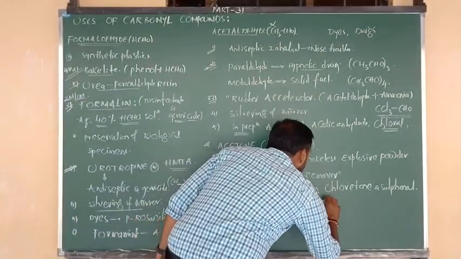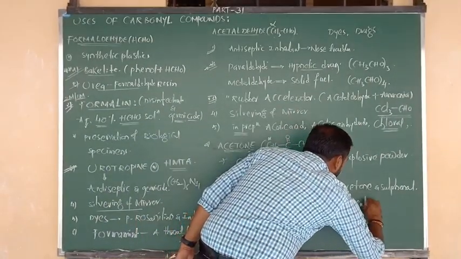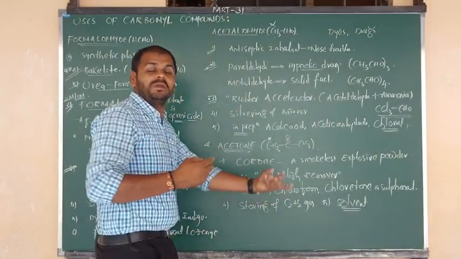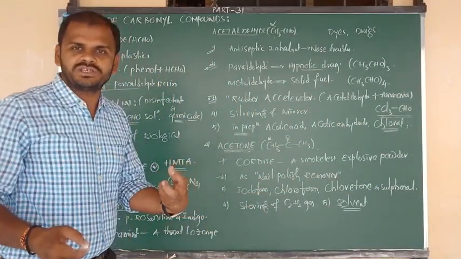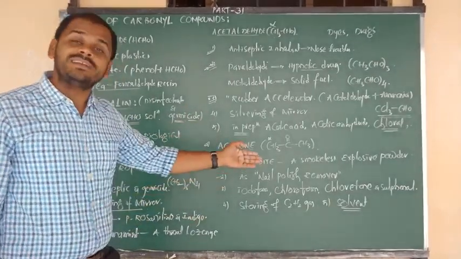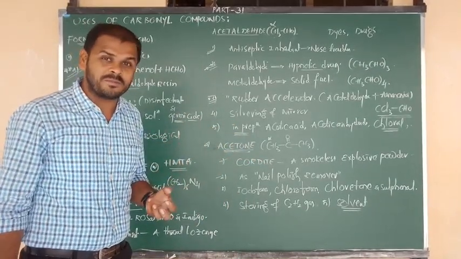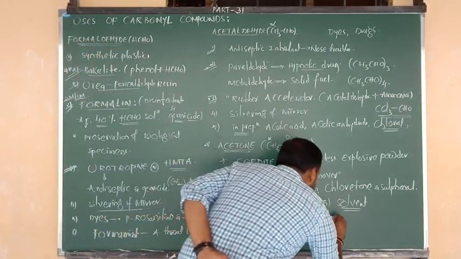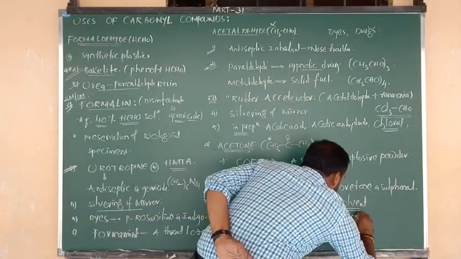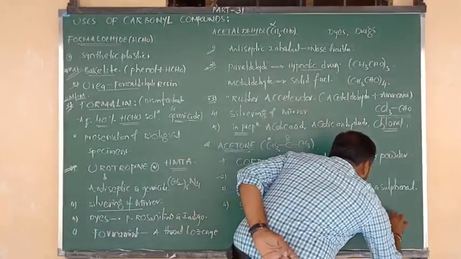Next point, I am going to tell that acetone can be used as a solvent in most of the organic reactions, especially as a solvent in the manufacturing of polymers. So in polymer preparation, we can use it as a solvent. Which compound? Acetone. Sir, which type of polymers can we prepare? Number one is cellulose acetate. Number two is cellulose nitrate.